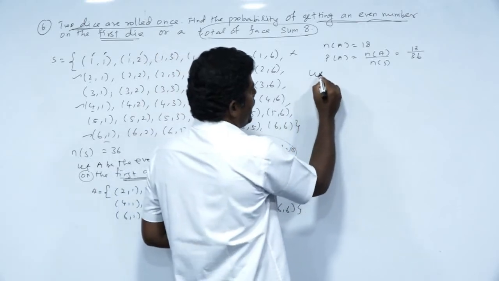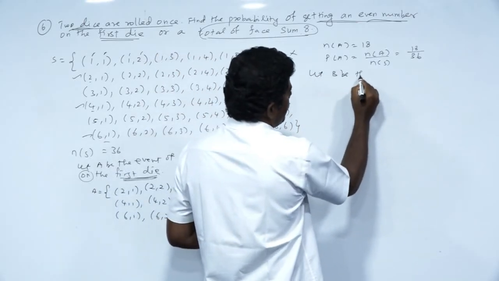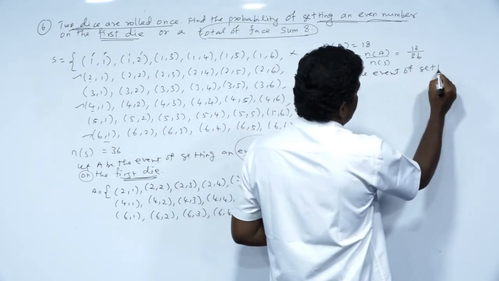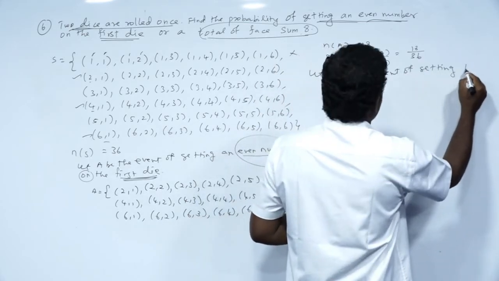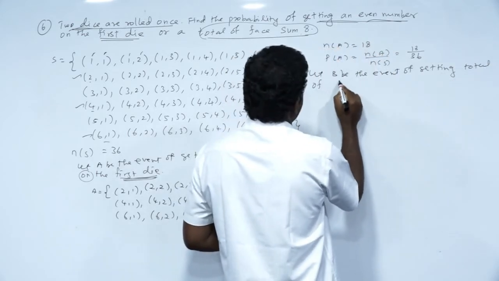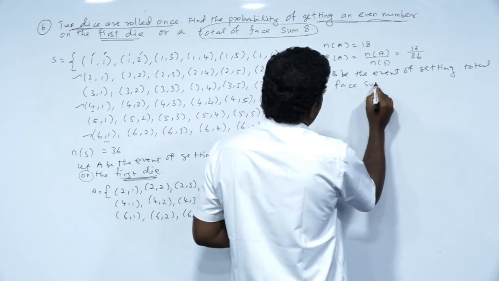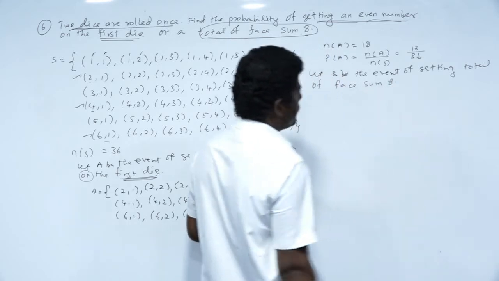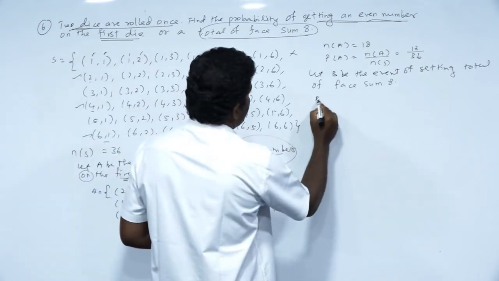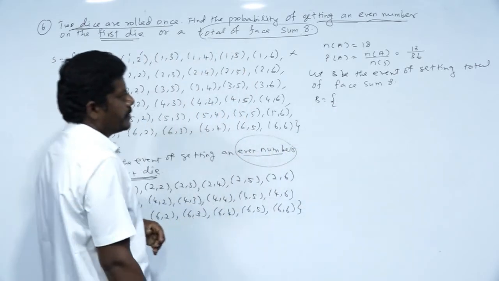So let B be the event of getting total of face sum 8. Now B is equal to, okay, you submit.